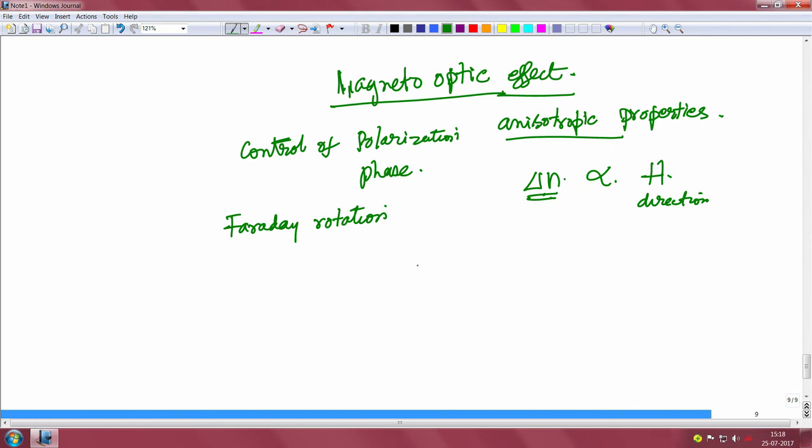So, I will give a small example of a device which uses the magneto-optic effect. Let us consider typical devices or garnets, yttrium iron garnet or yttrium aluminum garnet. These are some of the materials which have the magneto-optic effect, and like in the case of acoustic waves we can also think of magnetic waves. They are called magnetostatic surface waves.